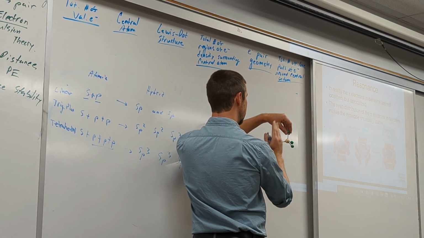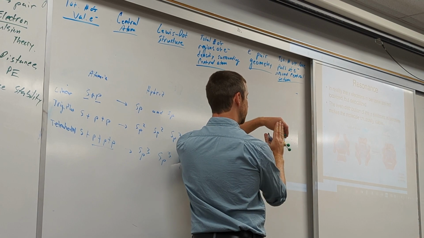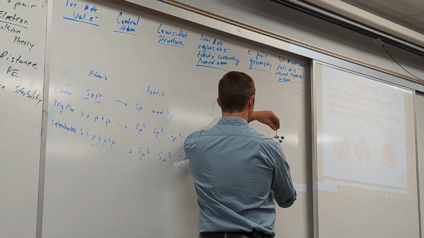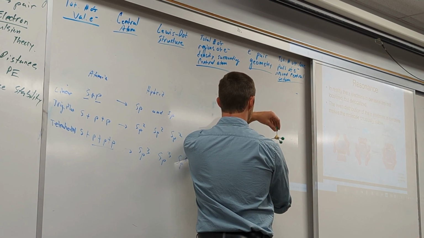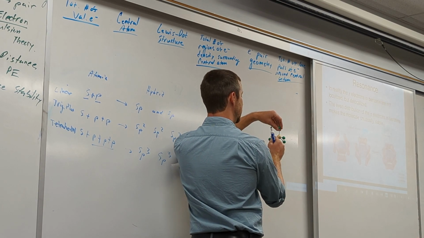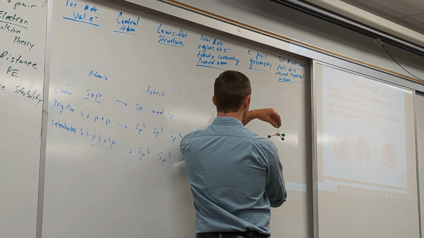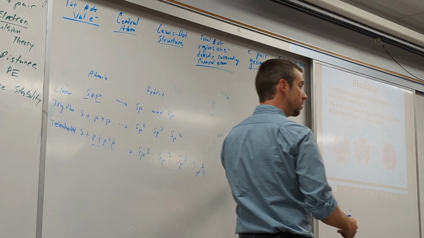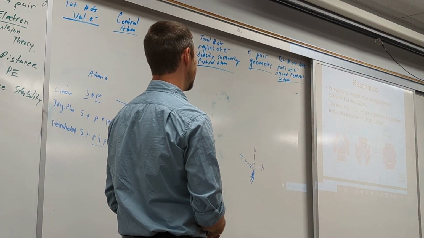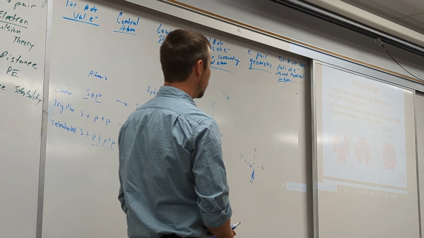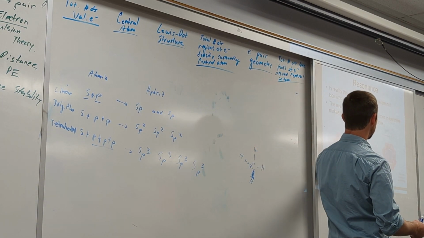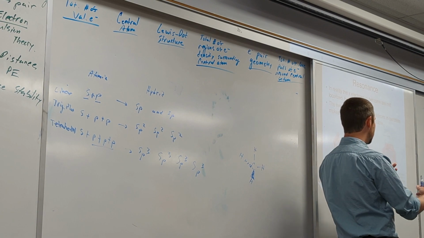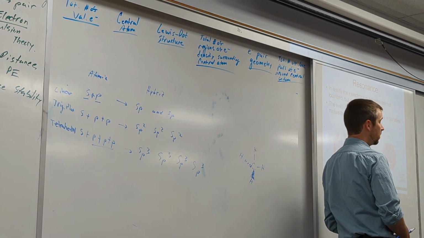This is the plane that they're in. This one sticks in front of my hand, so this would be what we draw as a wedge. And this one sticks behind my hand into the board, and we call that a dash. So not easily visualized in 2 dimensions, right? That's how scientists would do it. So arguably, if you can find something like this online that can animate or rotate the object, that'd be even better.